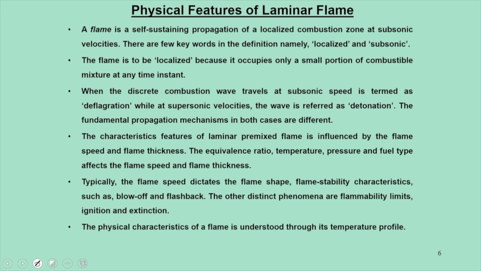In some cases the flame travels at subsonic speed, in some cases at supersonic speed. Accordingly, the laminar flame is termed deflagration or detonation.